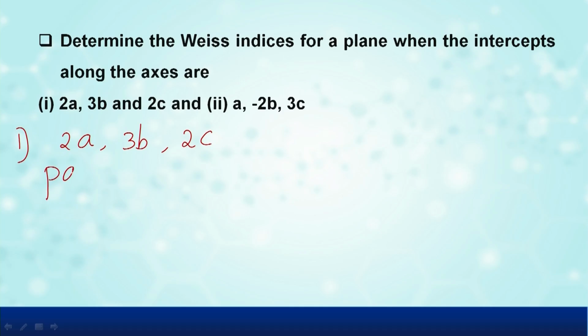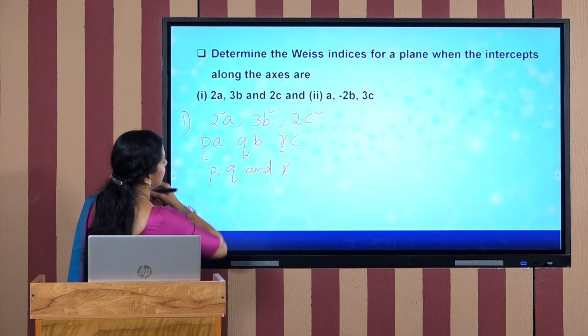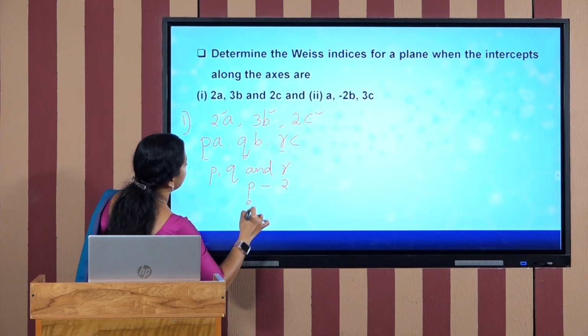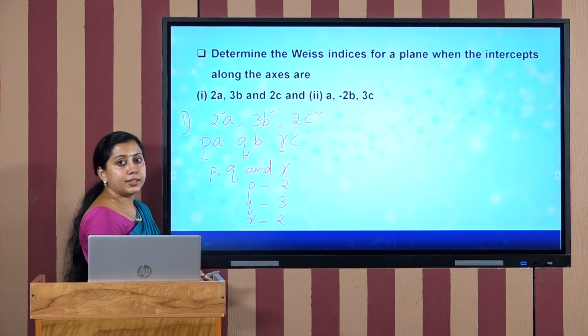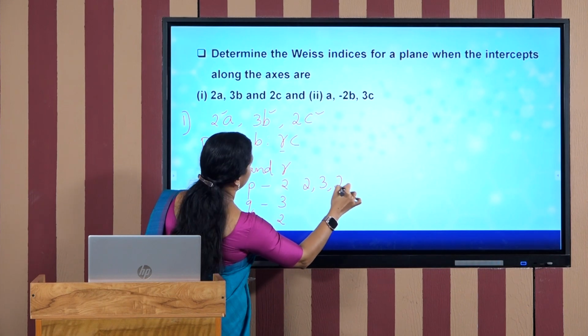Weiss indices are given by pa : qb : rc, and these coefficients p, q and r are called the Weiss indices or Weiss coefficients. In this question it is 2a, 3b and 2c. So, p is 2, q is 3 and r is 2. So, the Weiss indices will be 2, 3, 2.